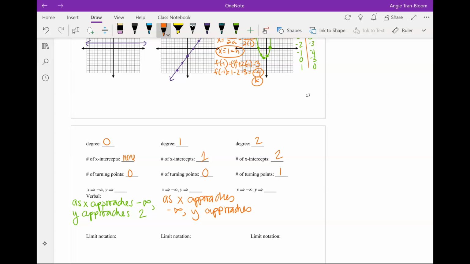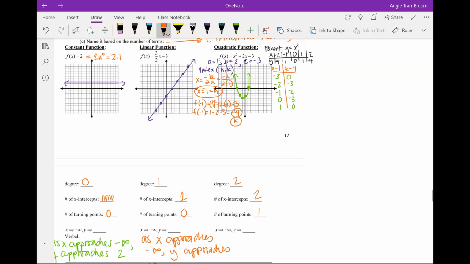As x approaches the left side, which is negative infinity, what's the behavior of the y? Does it go upward or downward? Downward to where? Where does it stop? Never, right? So that's why we're going to get y approaches negative infinity. Okay? So for that one, as you can see, the y goes downward as we're going to the left.